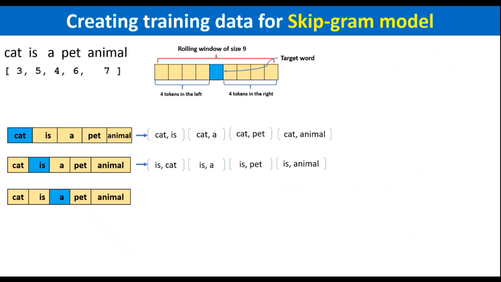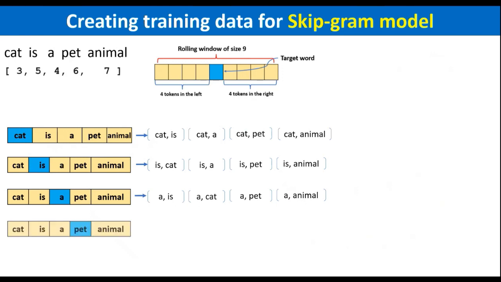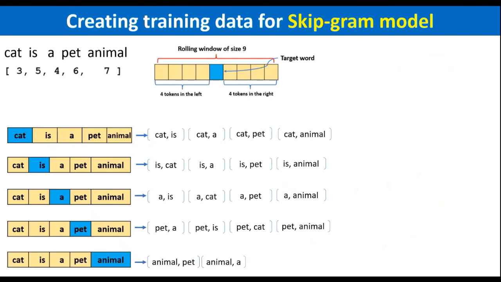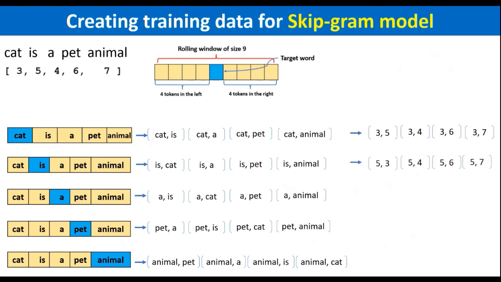There are 2 tokens to the left and 2 tokens to the right. We keep on moving our rolling window until we reach the last word of the corpus. Finally, we end up having our training data set generated like this.